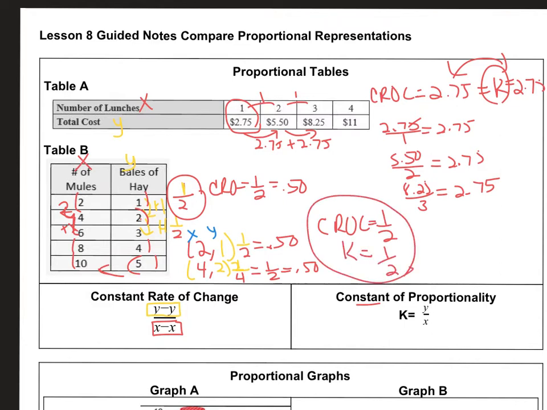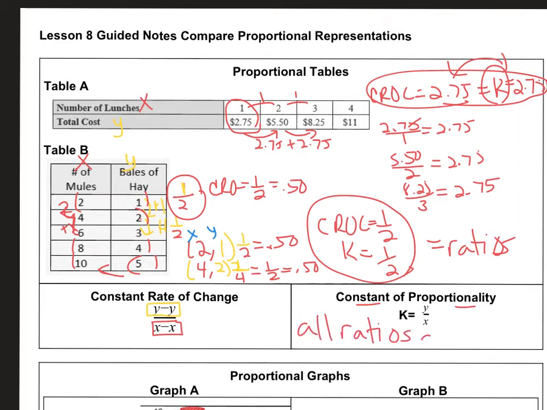And because I have both of those equivalent, and when I check my constant of proportionality I get equal ratios, that is an indicator that I have proportional situations. If all my ratios, when I divide, are equal, I am going to have a proportional situation. If my constant rate of change equals my constant of proportionality, that's another indicator that I'm dealing with a linear proportional situation.